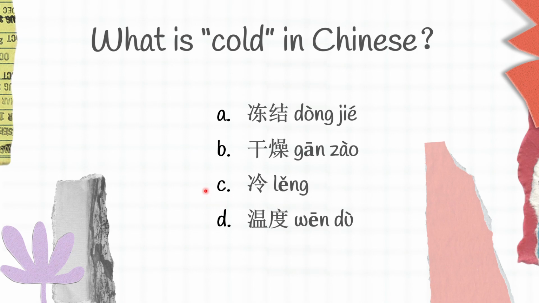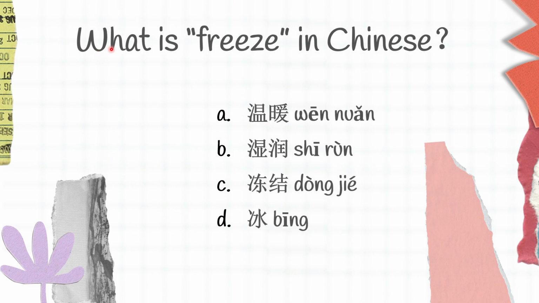So the right answer for this question is C, 冷. The next question we have here, what is freeze in Chinese? We have A, 温暖, B, 湿润, C, 冻结, and D, 冰.